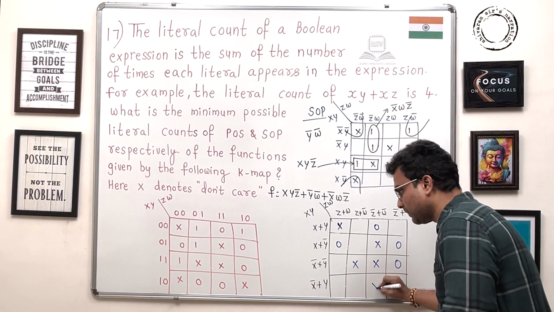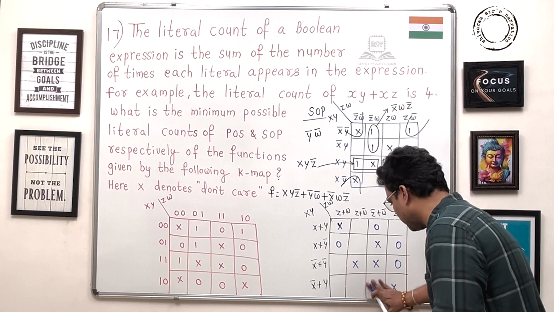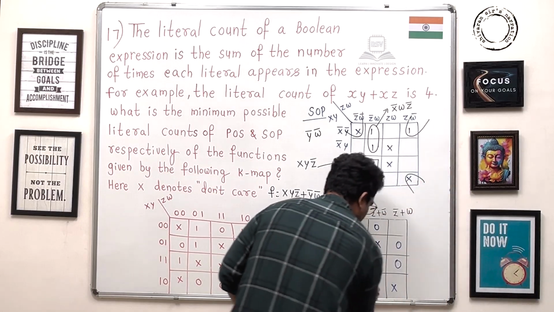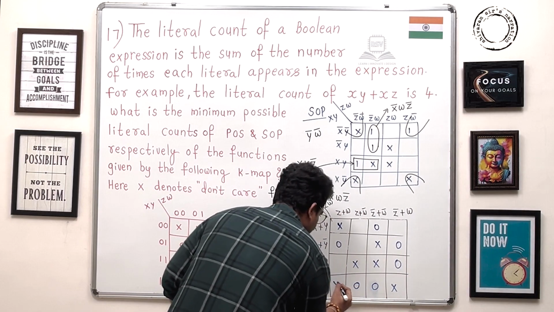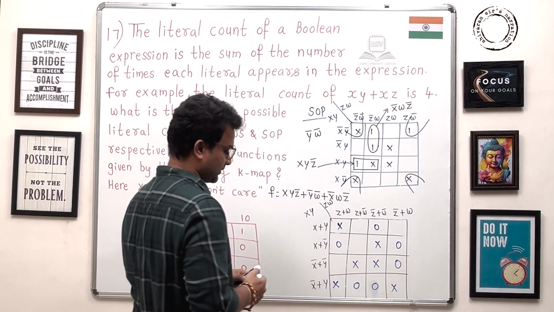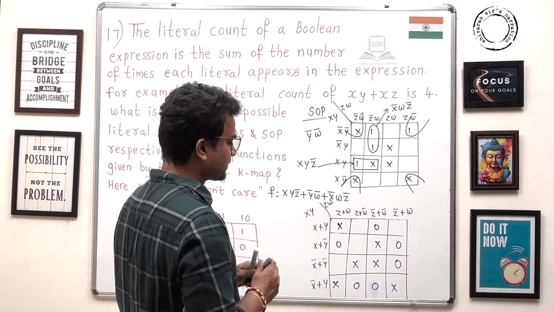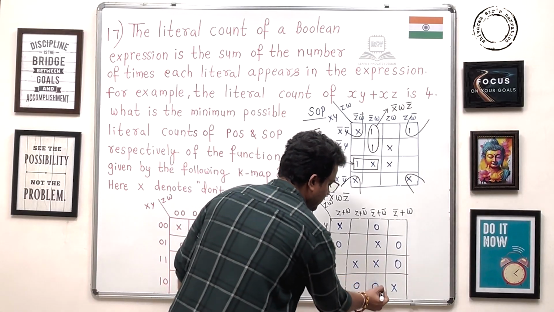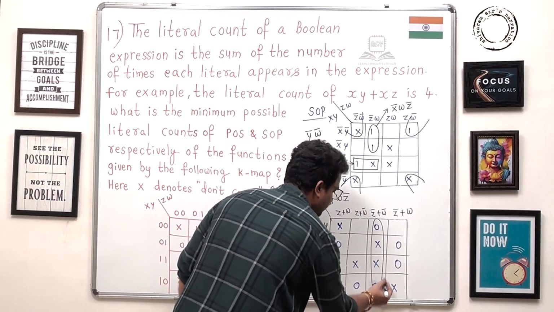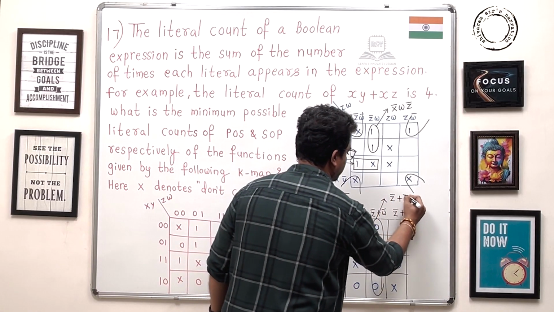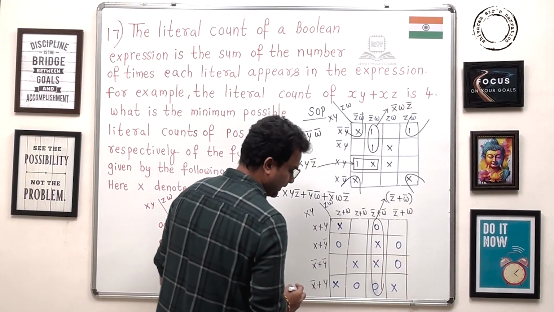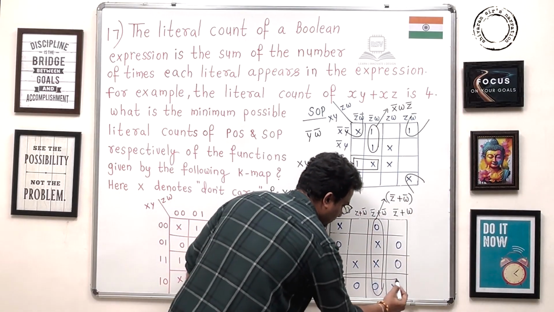Here again this one, this is 0, 0, and it is don't care. Yes. Now guys, let's simplify. Here there is a quad, isn't it? Yes. Therefore it is z bar plus w bar, and again here there is a quad.